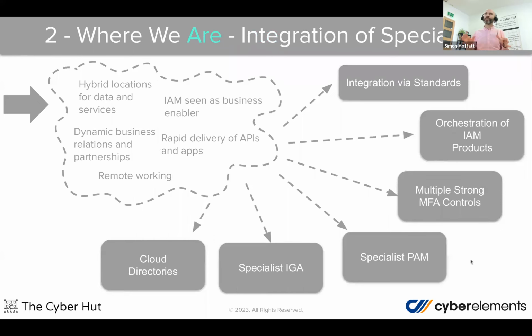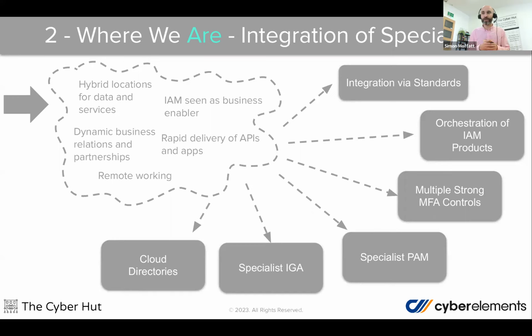If we look at where we are now, which I guess is maybe 5 years in the past and maybe 2 or 3 years into the future, we have specialist products within the organization doing some sort of identity stuff. We're starting to see this hybrid set of locations for data and services. Clearly on premises still exists.